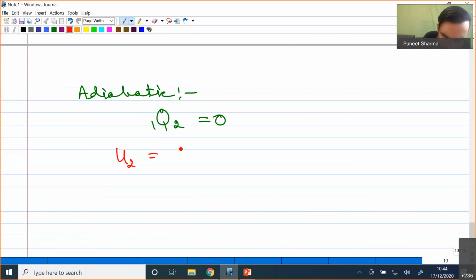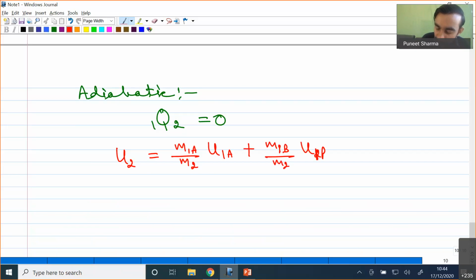u2 is nothing but M1A divided by M2 into u1A plus M1B divided by M2 into u1B. Okay, so this was nothing but the initial internal energy of the first container, and this was the initial internal energy of the second container.